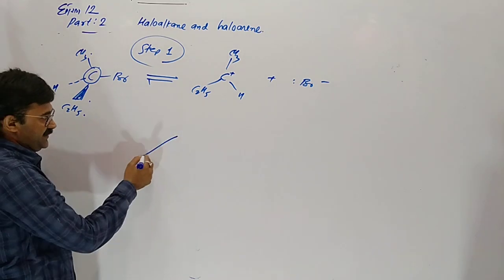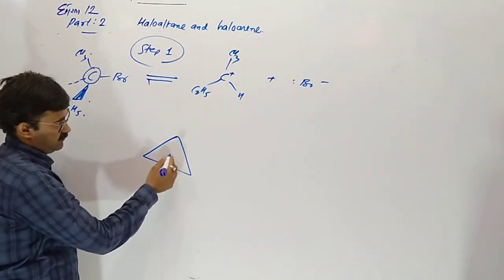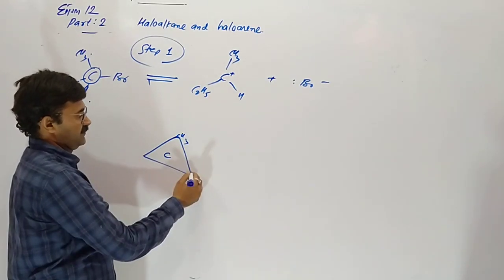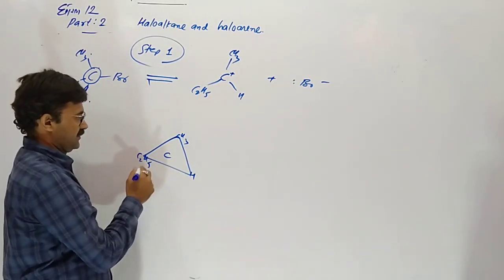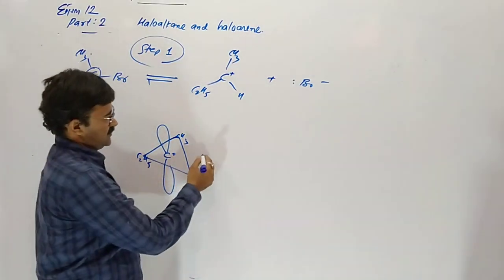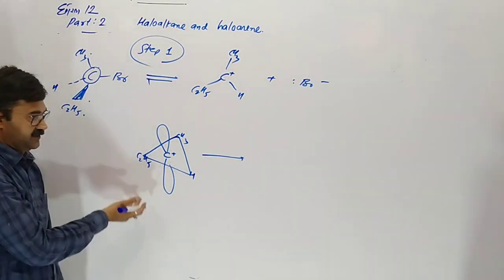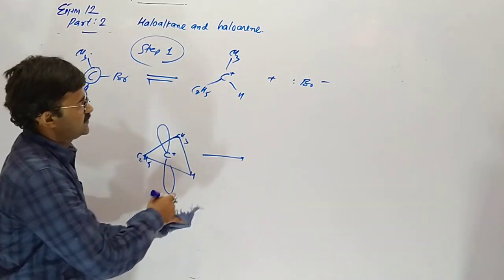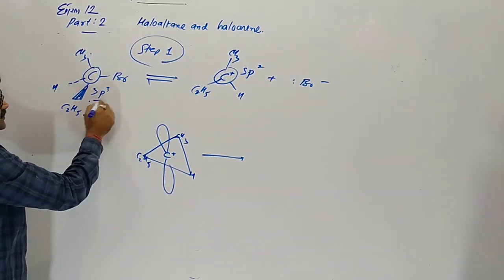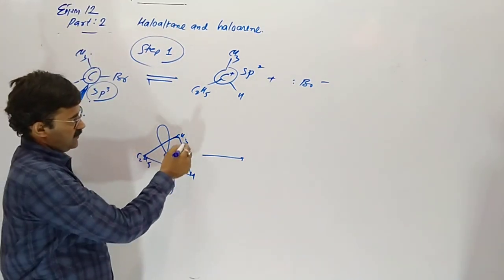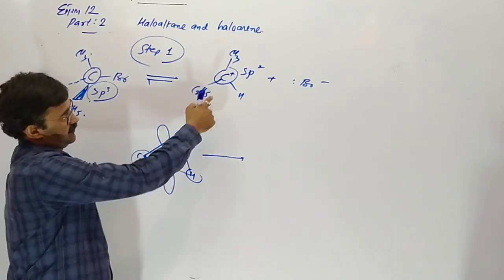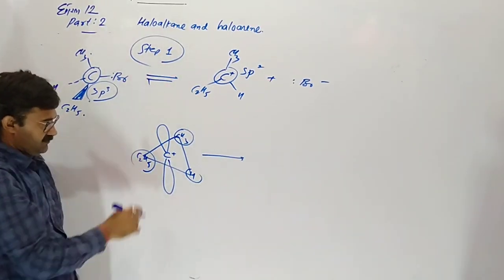This carbocation possesses sp2 hybridization. Here are CH3, H and ethyl on the same plane, with one vacant orbital perpendicular to the plane after removal of the bromide ion. This one was sp3, now sp2.